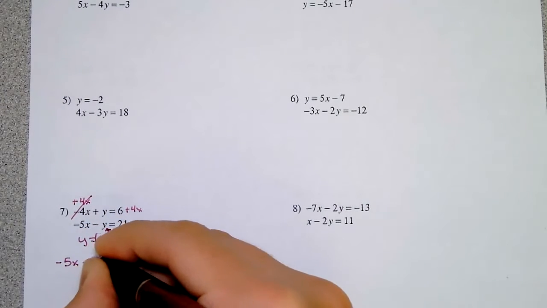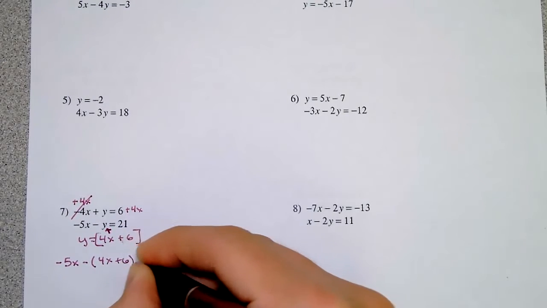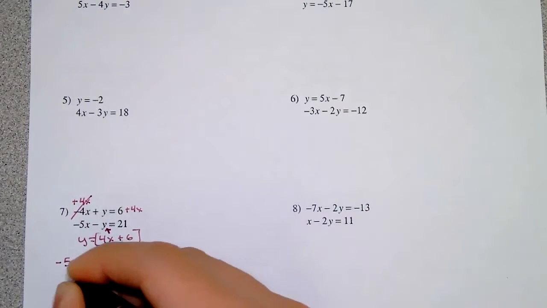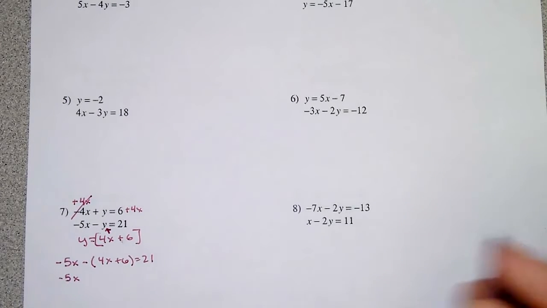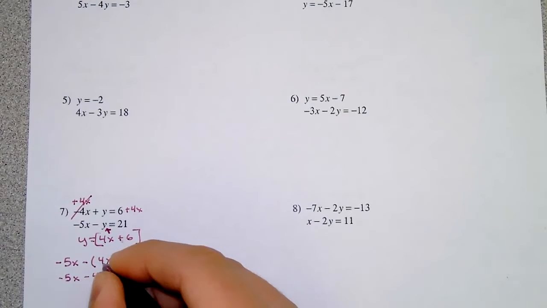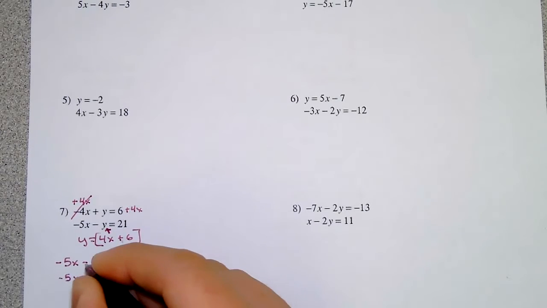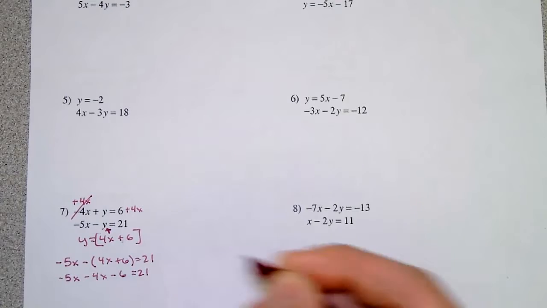So 5x minus (4x plus 6) equals 21. I got 5x. Now this becomes negative. I basically have a negative 1 here. So negative 1 times 4x is negative 4x. Negative 1 times 6 is negative 6.